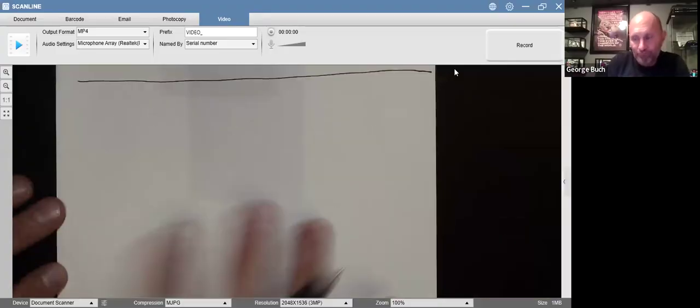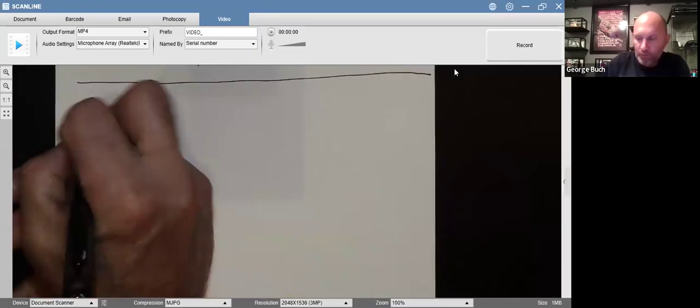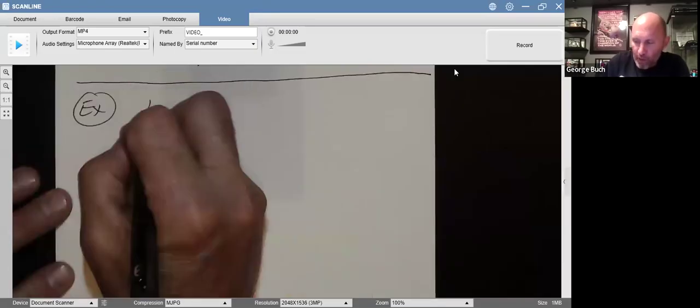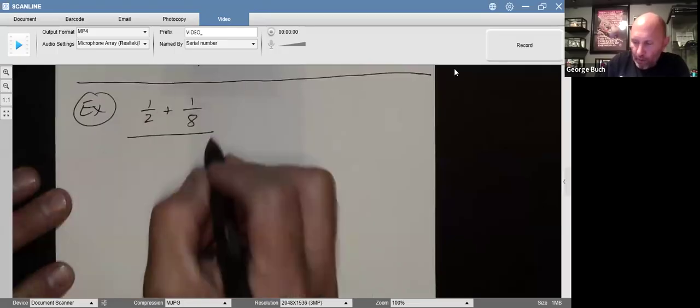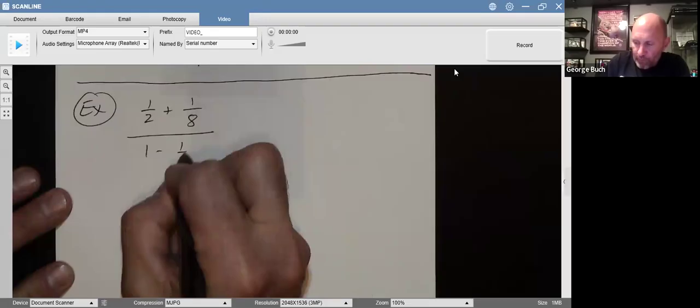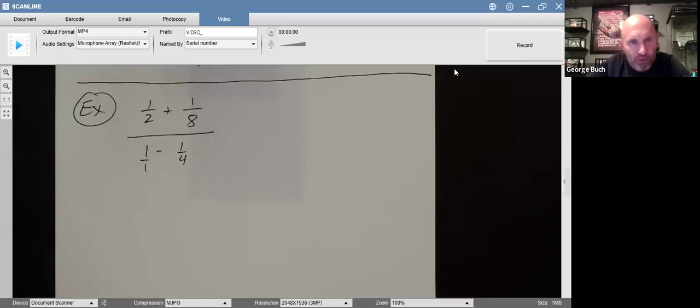Let's start off crawling here and let's use numbers. So let's say I have 1/2 plus 1/8 divided by 1 minus 1/4. And this is really like 1/1. So what is my LCD here, my least common denominator? Well, it's 8.